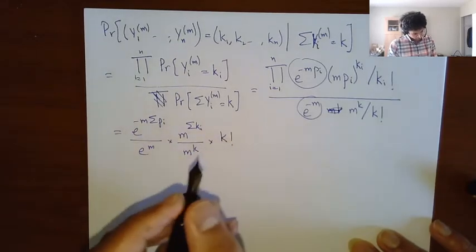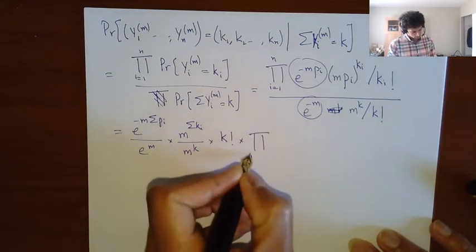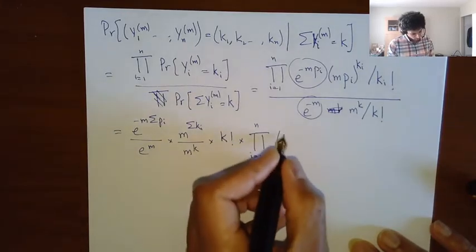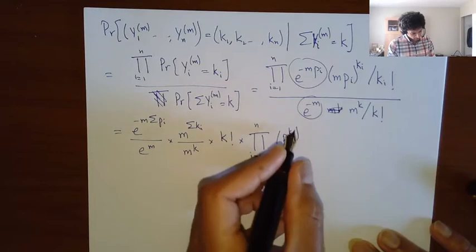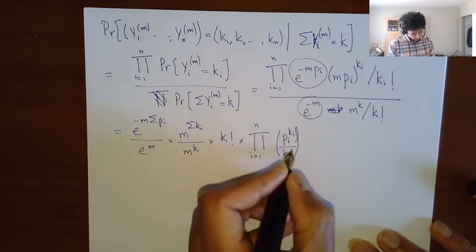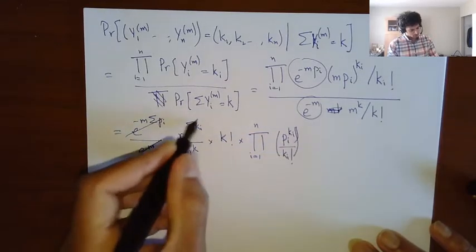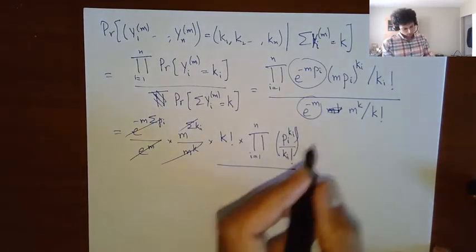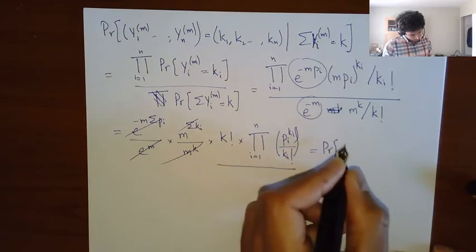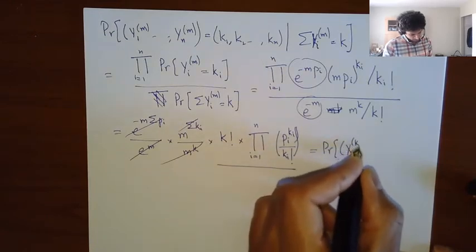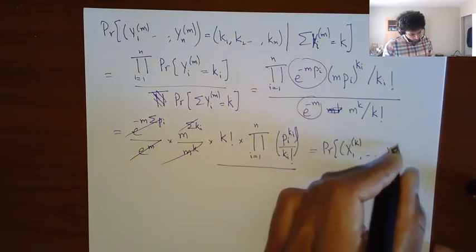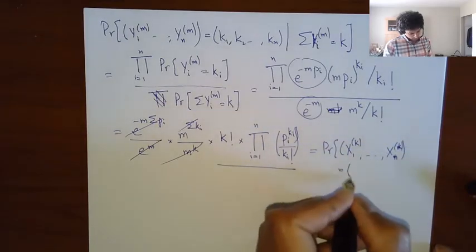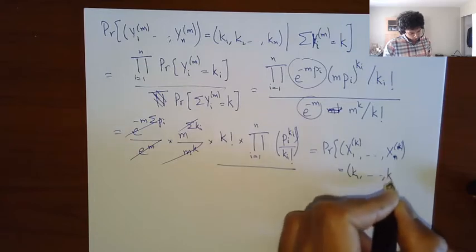You'll get k factorial times the product of i going from 1 to n of pi to the ki divided by ki factorial. Now these just cancel out, and this is precisely the probability that we saw earlier, the probability that x1 of k to xn of k is equal to k1 to kn.